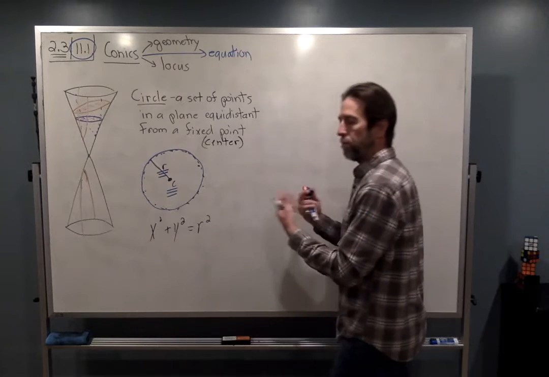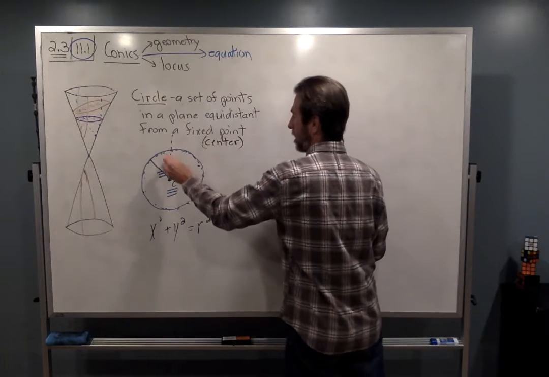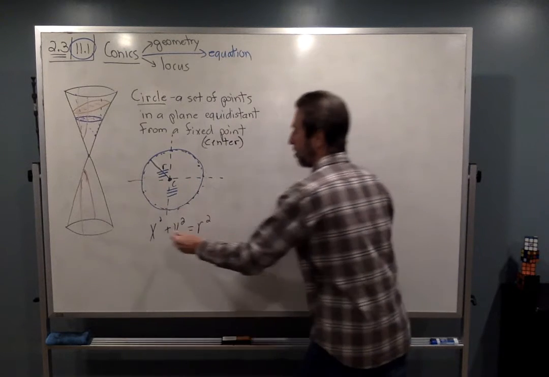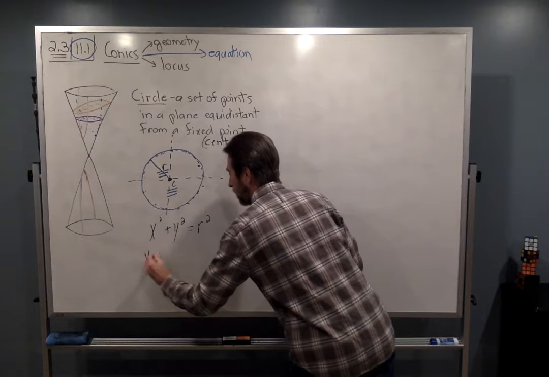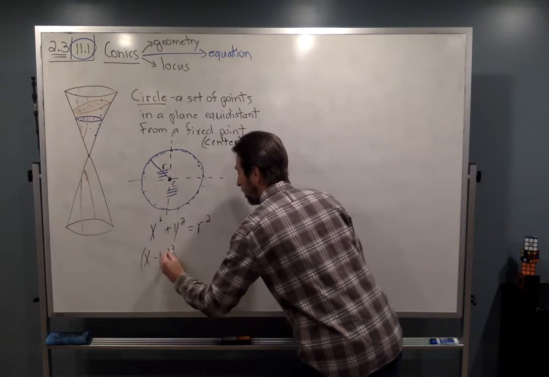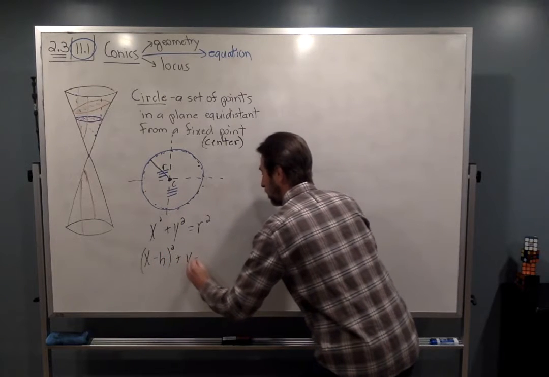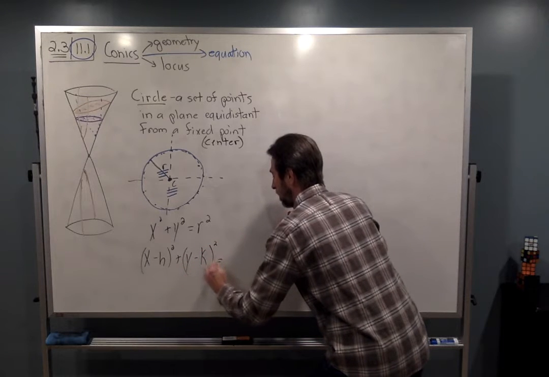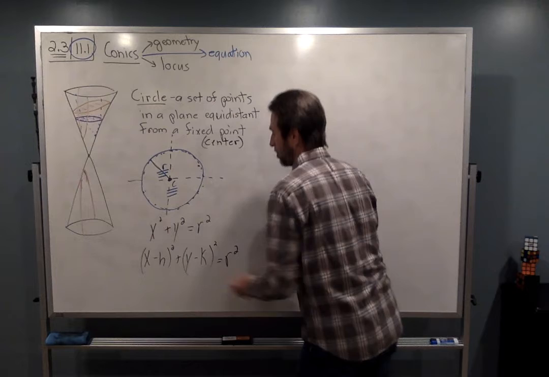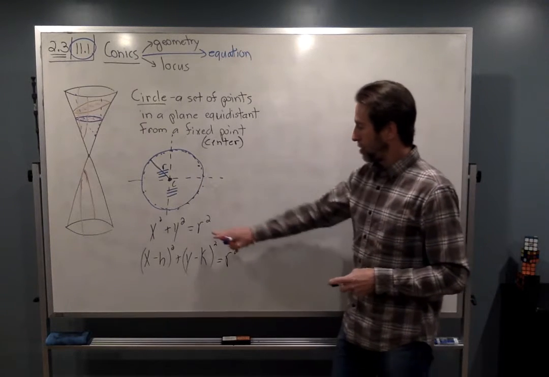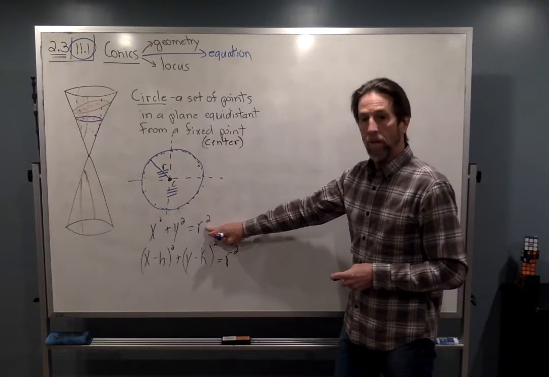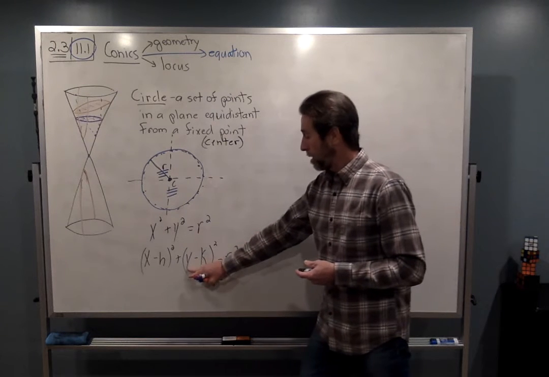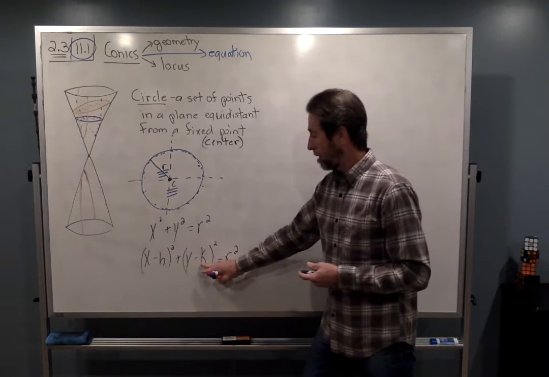If for some reason we move the center so it's not right at the origin, and move it left, right, up, and down, we know that we have some translations. A very common way to write that would be to use the center as being (h, k). So if (h, k) is the center, this is the translation of the general conic x squared plus y squared equals r squared, and we move it over h and up or down k.